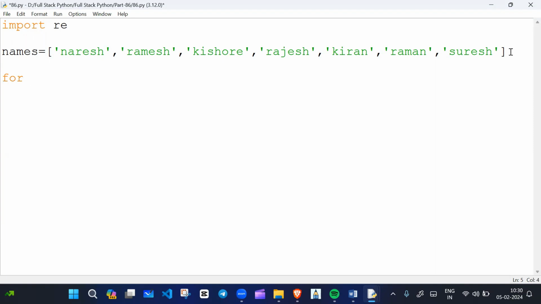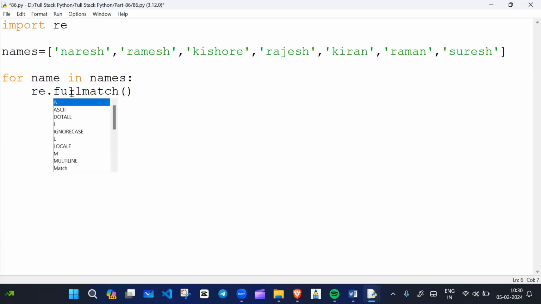we will iterate the names: for name in, what's the list name? Names, right? And what we will do, we will write fullmatch, and this fullmatch method is available in the regular expression module. We will say m equals re.fullmatch, and then here we will write r.